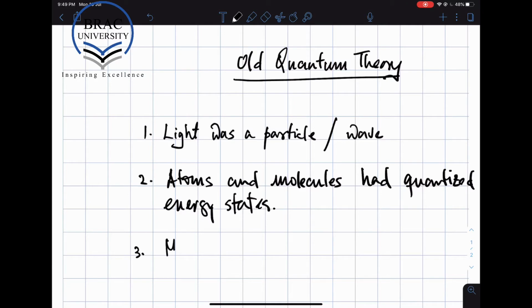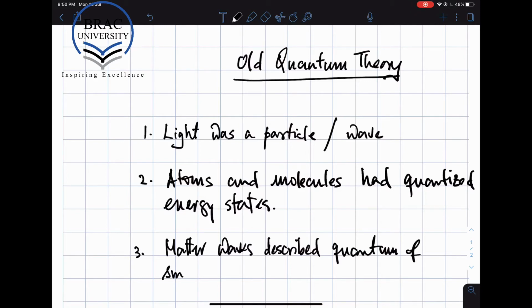So de Broglie proposed that there were these things called matter waves, which described certain quantum properties of small particles.